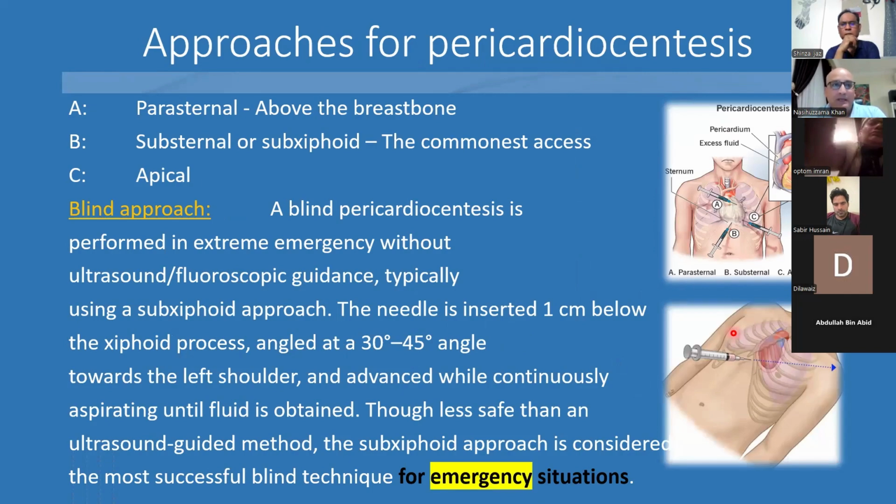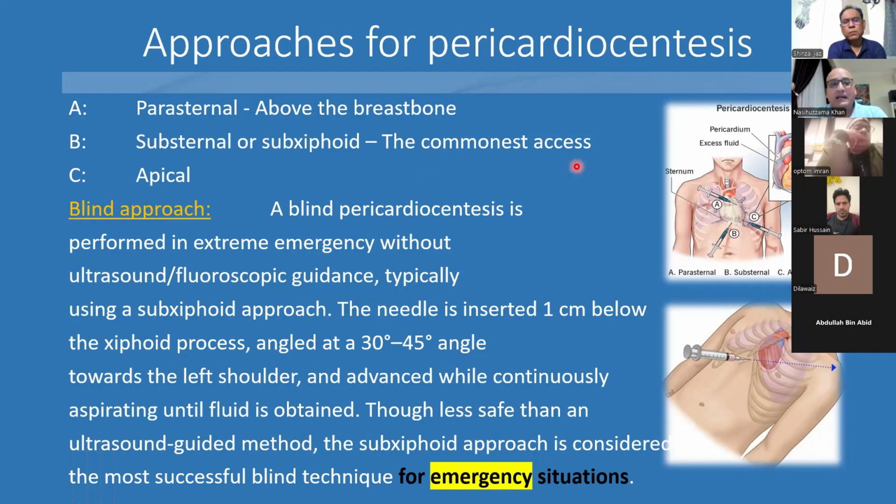Approaches. There are three common approaches: parasternal, above the breastbone; substernal or subxiphoid, the commonest access; and the apical. In this picture, we can see A, B, and C. Usually, we are taking the B position, the subxiphoid, which is the commonest.